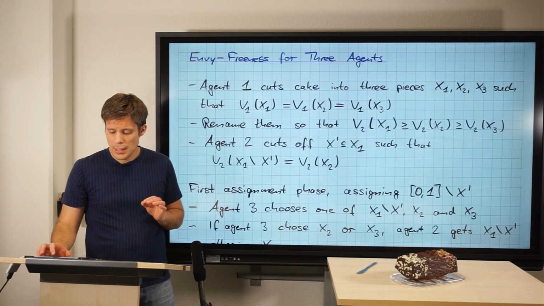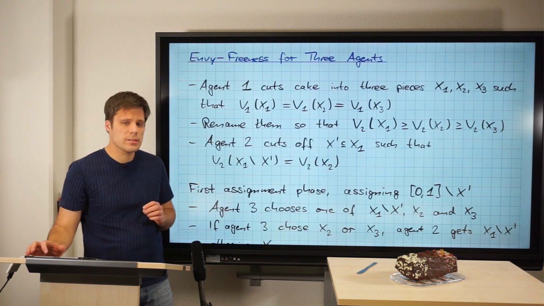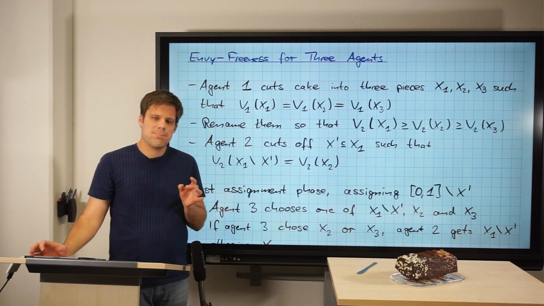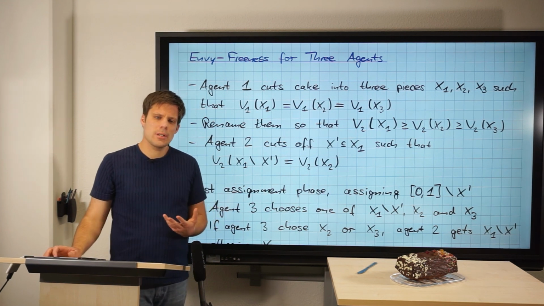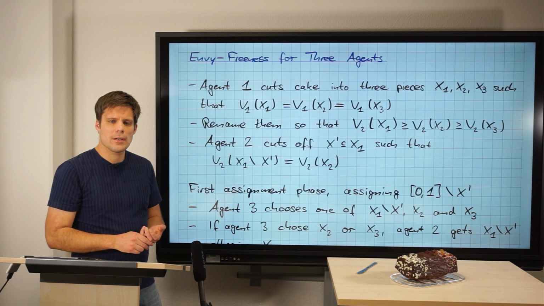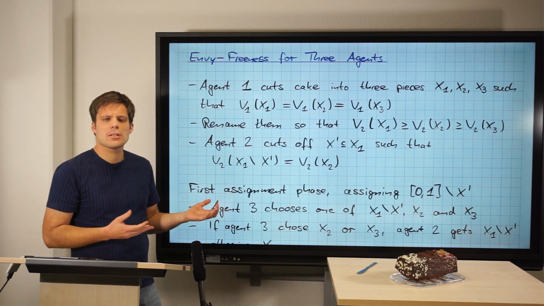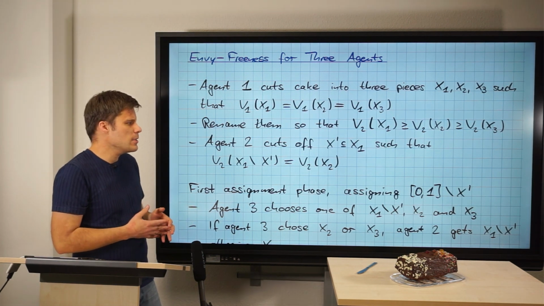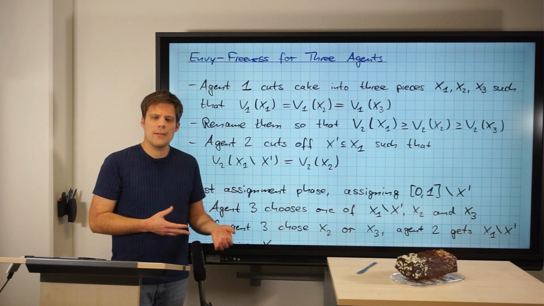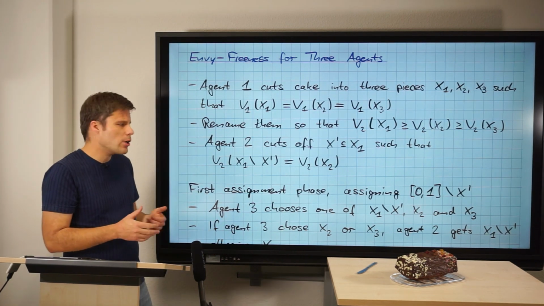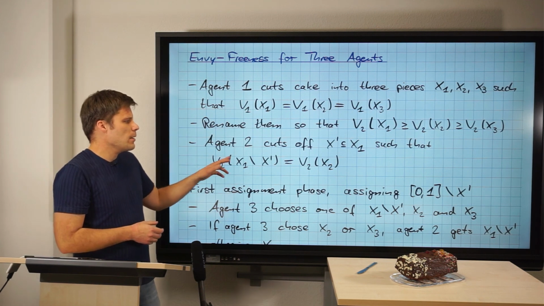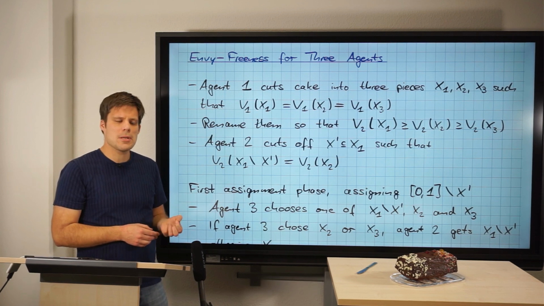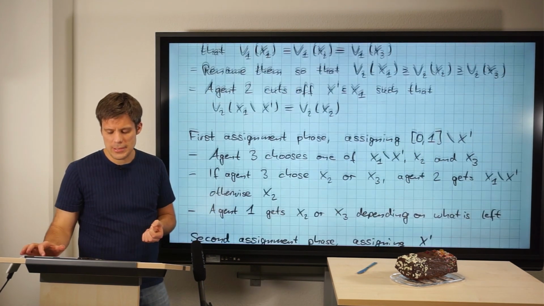So having another look at this protocol, you see it is indeed complicated. And for me, it was most enlightening when I tried to write this down and simplify it, when I wanted to say, okay, why do I actually do this stuff? And then I realized, okay, I will have to do this because otherwise agents will envy each other, and because I cannot just discard something. And this is what I meant earlier when I said, okay, if we didn't have to allocate this x prime, things would be much easier, because then we would be done after the first assignment phase.